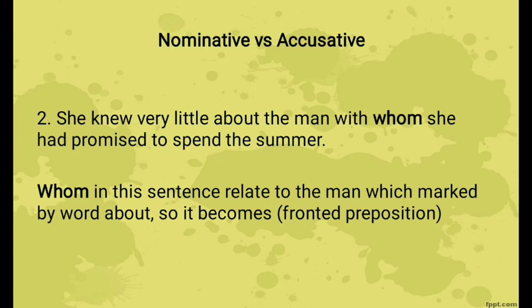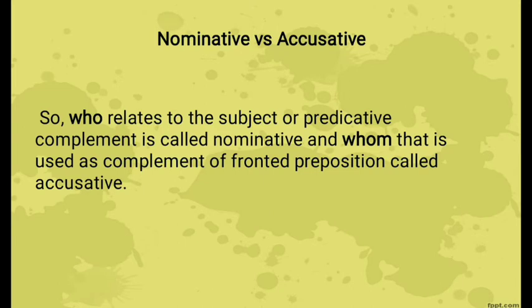So, whom is called accusative. So the difference between nominative and accusative is the function. The nominative is required in subject or predicative complement, while the accusative is normally used as complement of a fronted preposition.